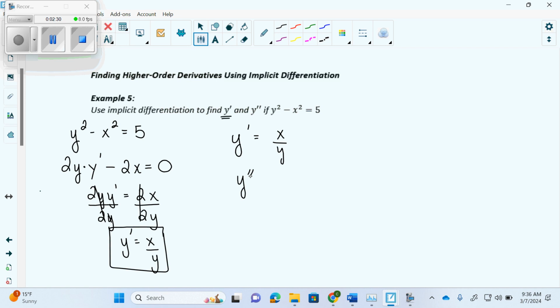So now we're going to do g f prime minus f g prime over y squared. We just did product rule, right? f g prime minus g f prime.